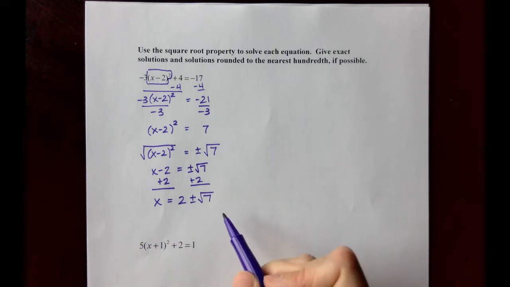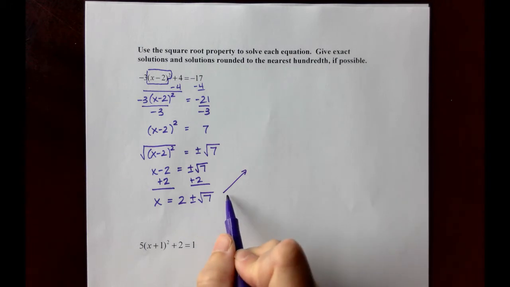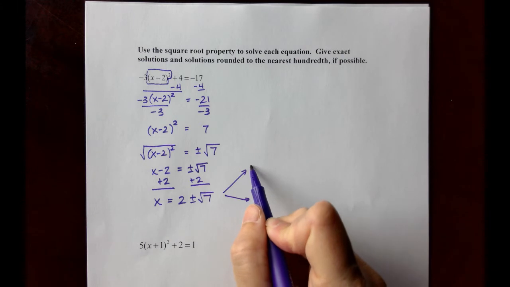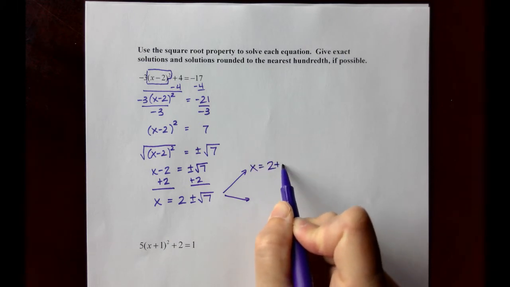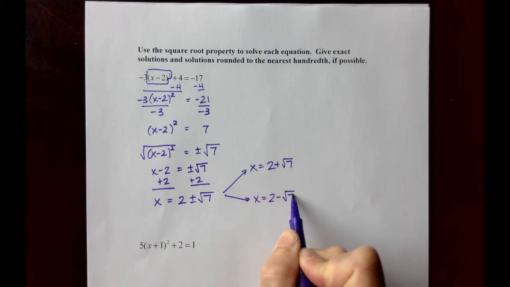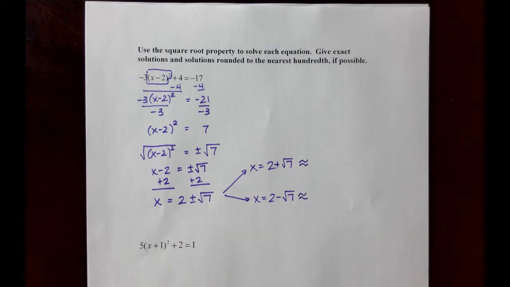For solutions rounded to the nearest hundredth, we'll take our statement and split it into two equations and then grab a calculator. x equals 2 plus the square root of 7 and x equals 2 minus the square root of 7. We'll get a couple of approximations for these.